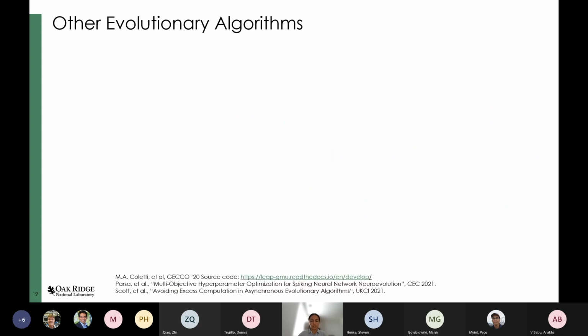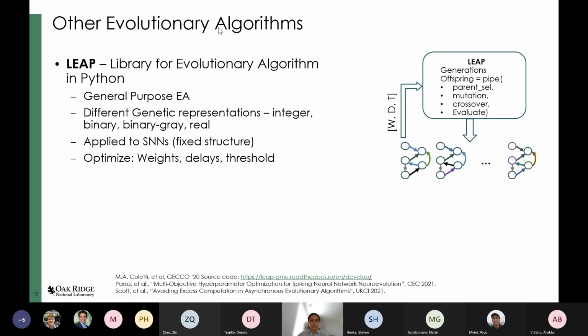Another evolutionary algorithm that we are looking at at ORNL is again from the traditional evolutionary algorithm domain. It's a general-purpose EA called the LEAP framework, the Library for Evolutionary Algorithms in Python, which was developed by Mark Coletti at our lab.